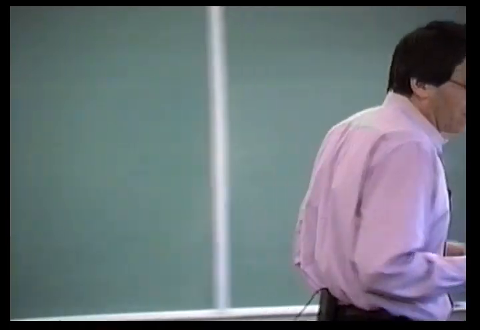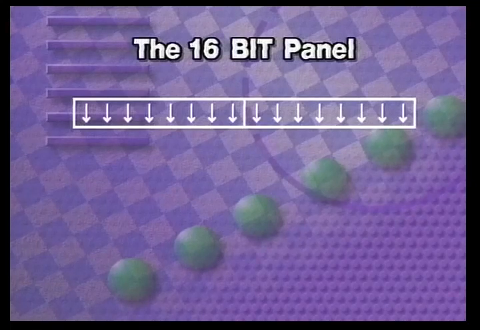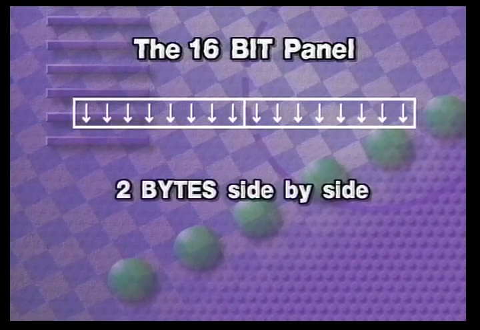Then somebody comes along and says, well, how about we do this? What if we open up a bigger highway and put 2 of these switch panels side by side? 1, 2, 3, 4, 5, 6, 7, 8. 1, 2, 3, 4, 5, 6, 7, 8. And we're going to make ourselves a 16-bit panel. Now, it's still 2 bytes, but they're side by side.